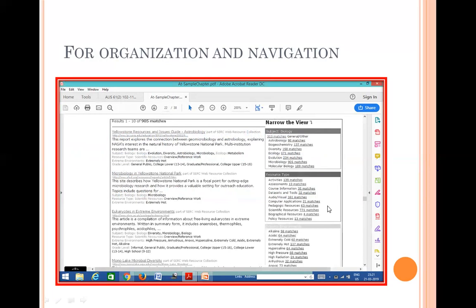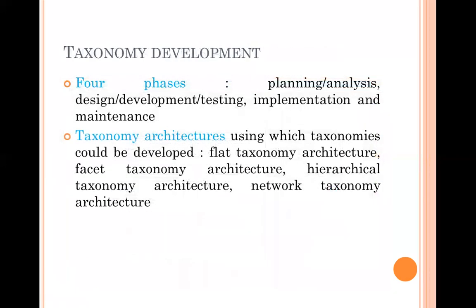So the same content is organized under 3 or 4 filters. And with navigation, you can always move from one concept to another concept. See, navigation has just become very, very simple because of this taxonomical usage. Fine, good. Then when you want to develop a taxonomy, see, basically there are 4 steps involved.